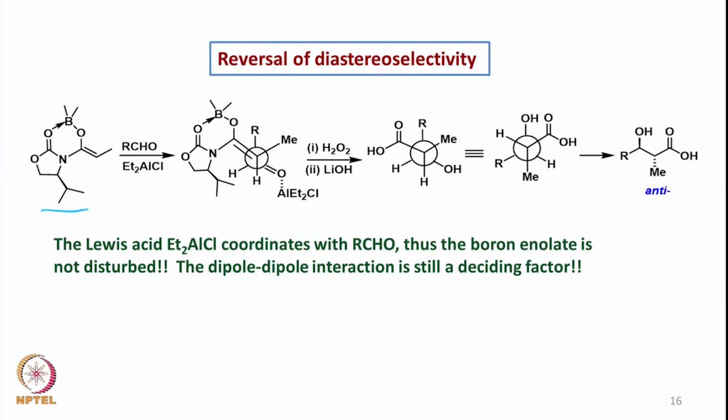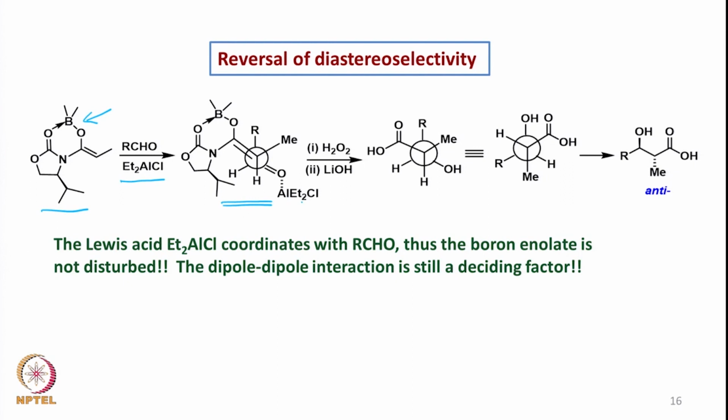Now if we add extra Lewis acid such as diethyl aluminum chloride, then this particular chelation does not break, and the aldehyde comes in contact with this enolate in this particular fashion, because the aldehyde oxygen has this extra Lewis acid interacting with its oxygen.